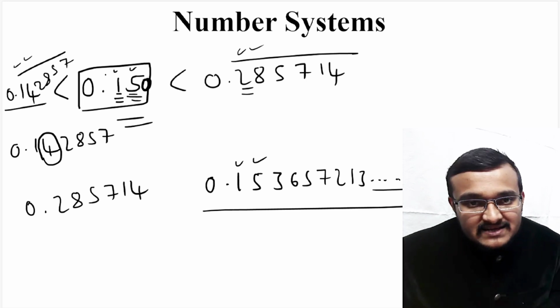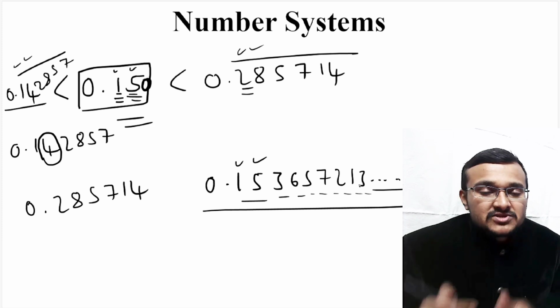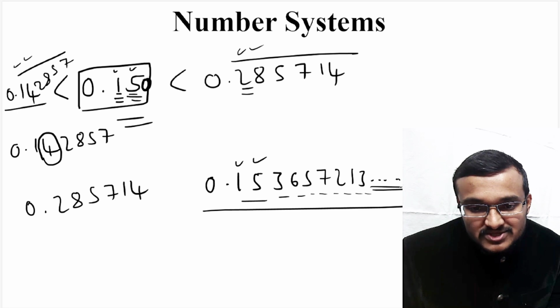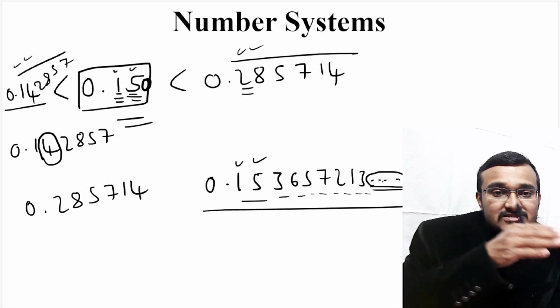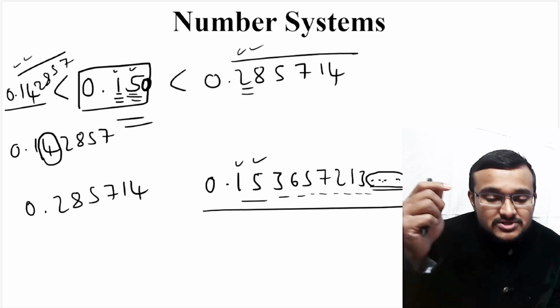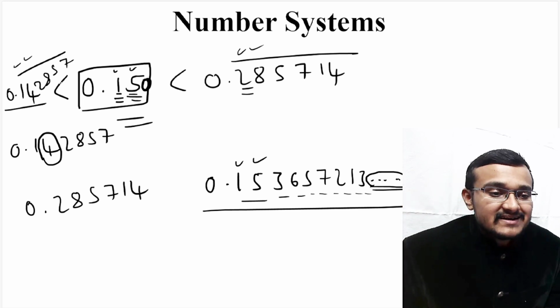So after 1 5 it is ending. But here I am writing 0.153657213. So that means it is not ending, and I am putting dots over here. So these dots indicate that this particular value has not ended and still it is moving on. So that means this particular number is an irrational number and it is in between these two values.